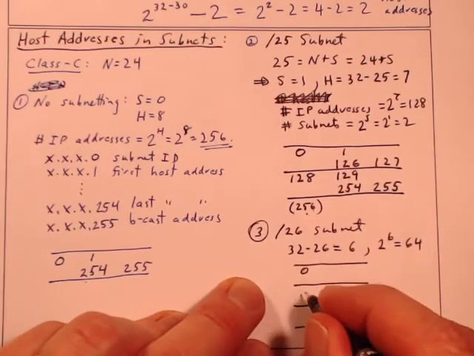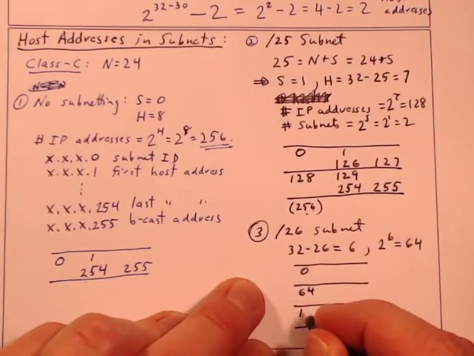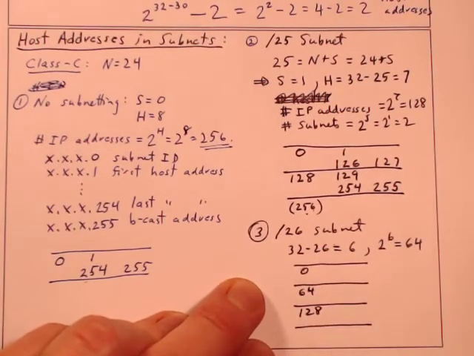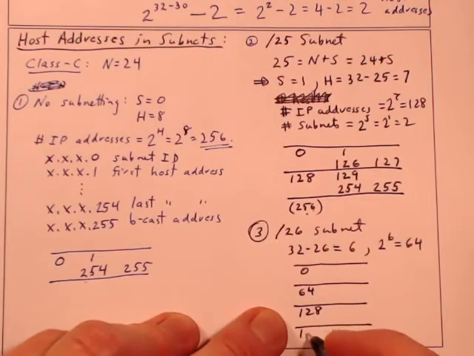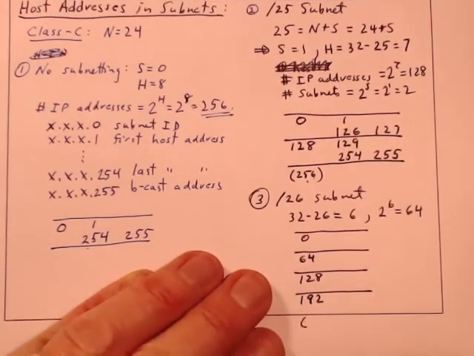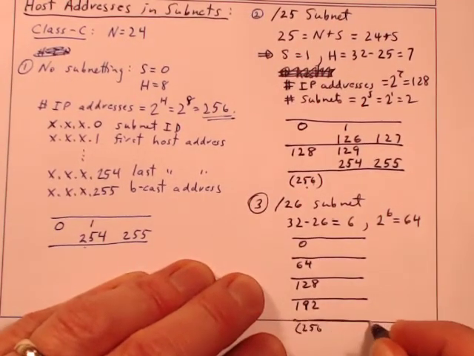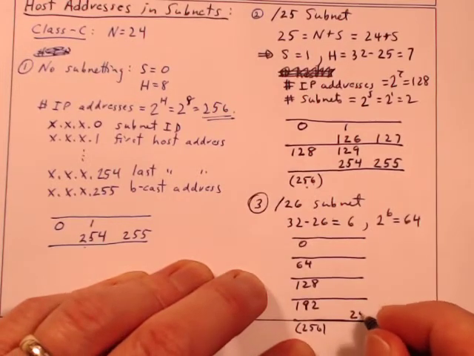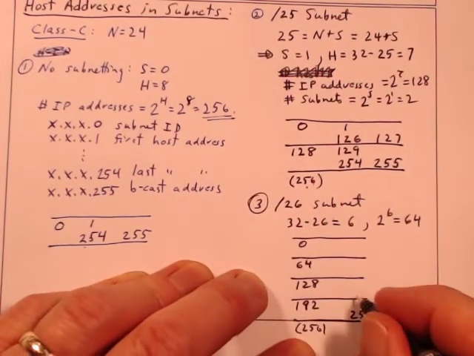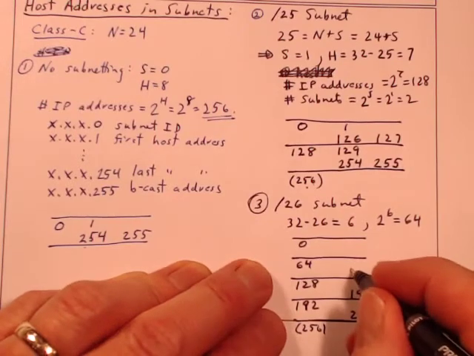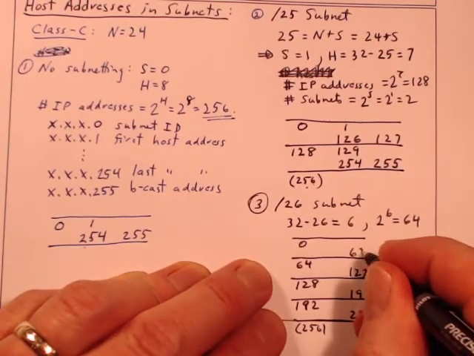So I'm going to go 0, 64, 128, and 128 plus 64 is 192. And then I'll put parentheses down here at the bottom, the 256. And then I'll go to 255. I'll go to 191. I'll go to 127. I'll go to 63.